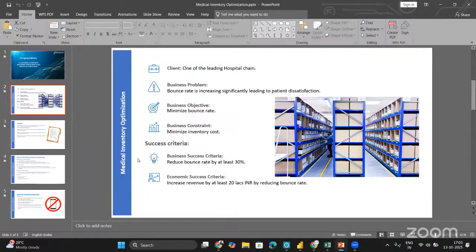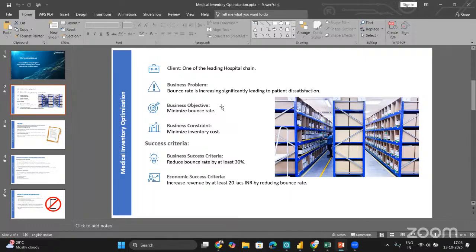For that, we have to study the historical data, the data set provided to us by the hospital. We have to analyze that data, and by analyzing, we have to provide insights. So bounce rate means people are inquiring, but they are not buying medicines.